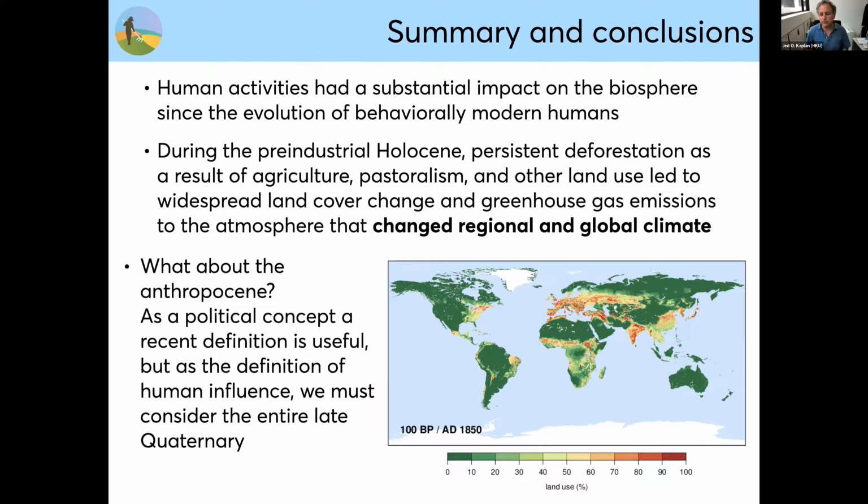But when did that really start and how did that manifest itself? It manifests itself in different places and at different times, and we need to go pretty far back, definitely into the last ice age, to really understand when and how human influence was becoming an important part of the global environmental system.